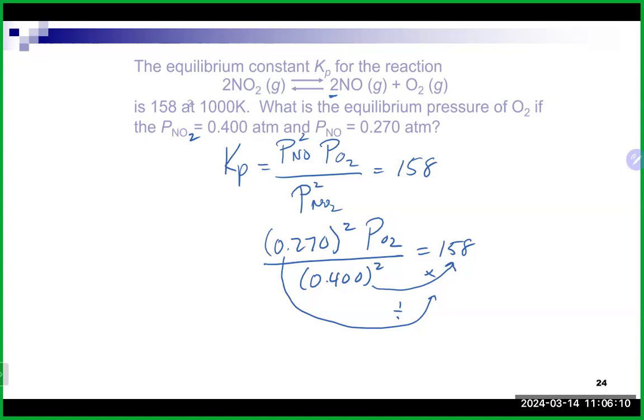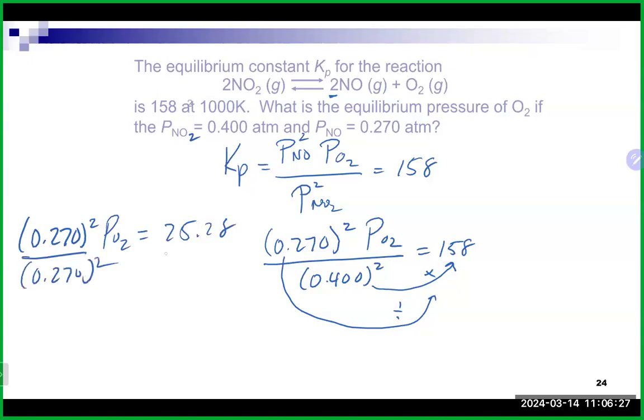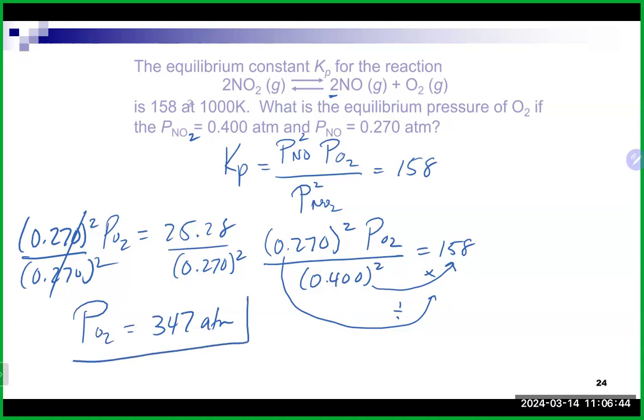We take 158 times 0.4 squared, which is 0.27 squared times the partial pressure of O2, equal to 2528. We then divide both sides by 0.27 squared, and that gives a partial pressure of about 347 atmospheres.